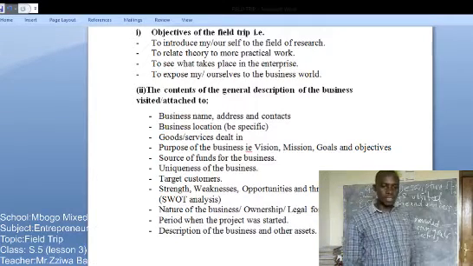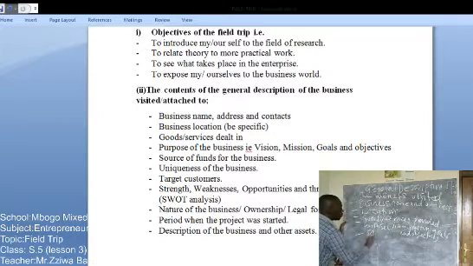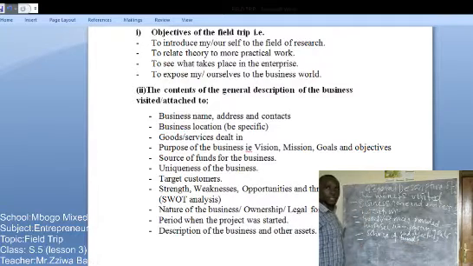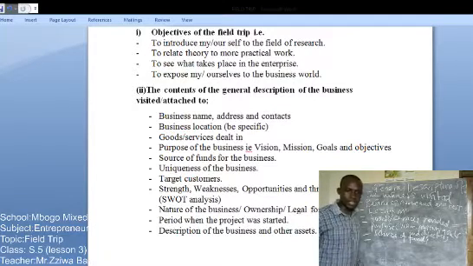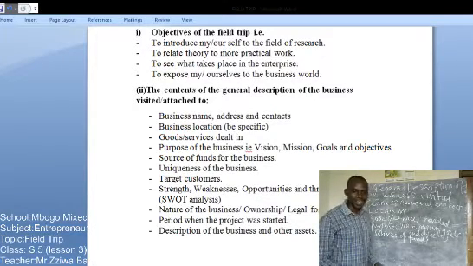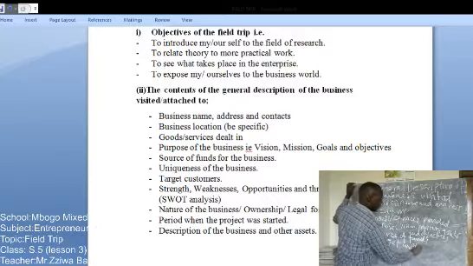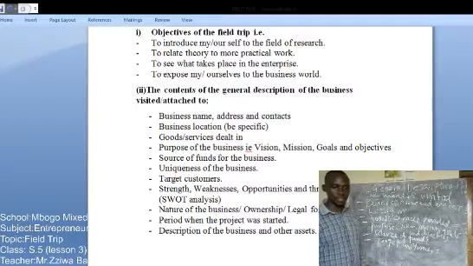The other one is the source of funds. We shall talk about the source of funds. That is money. The other component, dear learners, we shall talk about when we are dealing with our general description is the target customers. Who are the customers? Target customers of the business.